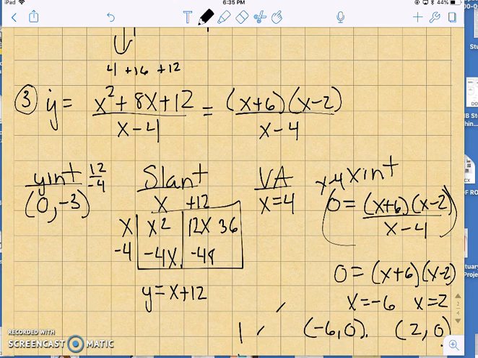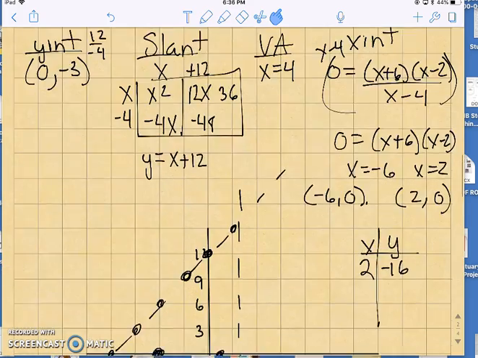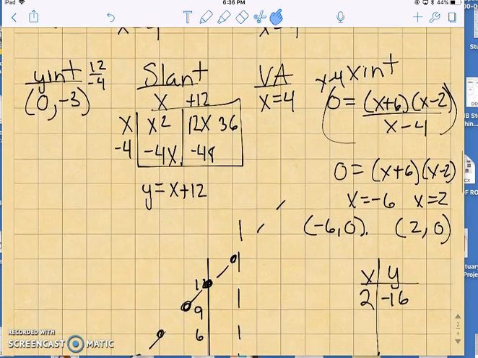So 28, 29, 30, 31, 32. 2 minus 4 is negative 2, so that's negative 16. So we have 2 and negative 16. I feel like something happened in the solving here.